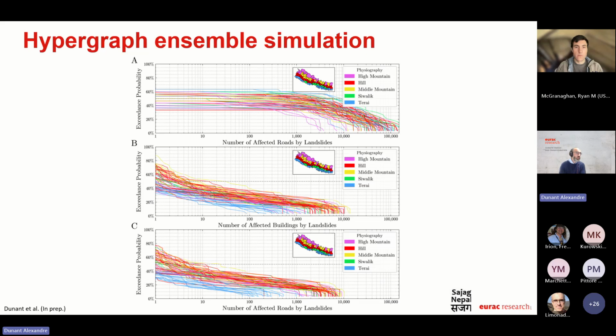So what we got at the end was also a probability assessment that we could do, for example, per physiography, which was interesting and valuable, I think, for the UN office there as well.